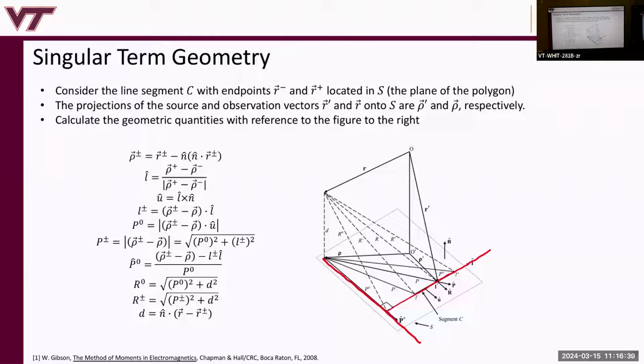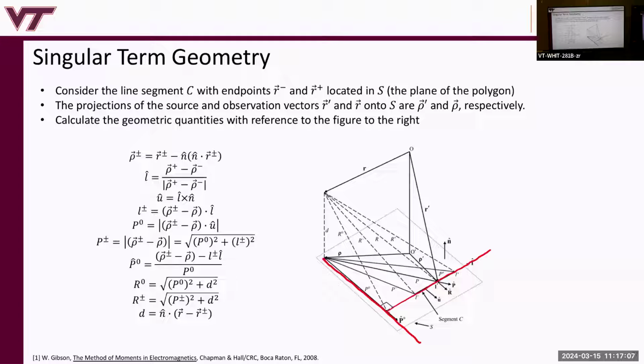And they're right angles. That's why there's a right angle symbol here. So what this means is I can parameterize this line segment in this coordinate system, which has this coordinate P naught, but don't worry about that, and l as a variable, which takes you from l minus to l plus, all right? So that's the idea, and let's see how you can do that.